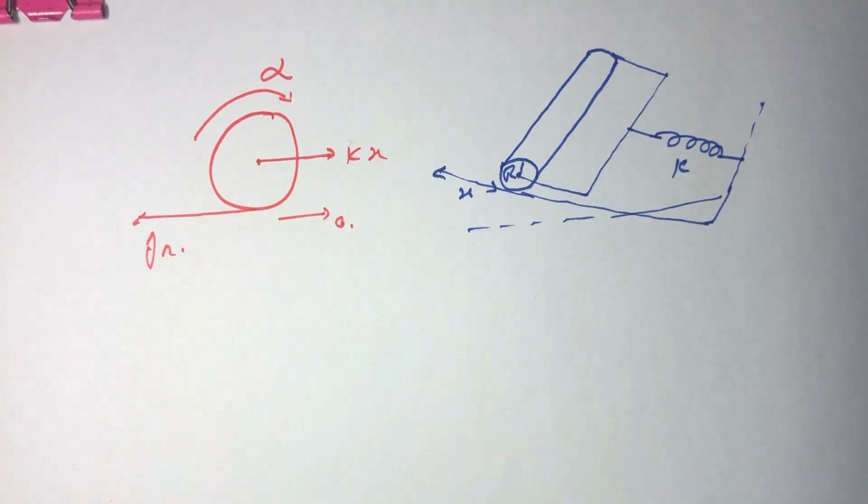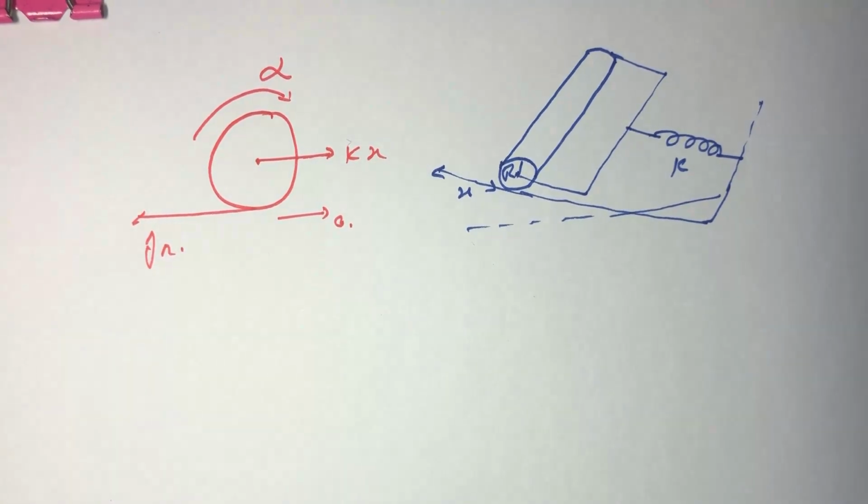Okay. And in this case there is another method to find out your angular velocity. And to find out the angular velocity, the theorem of parallel axis is being used.